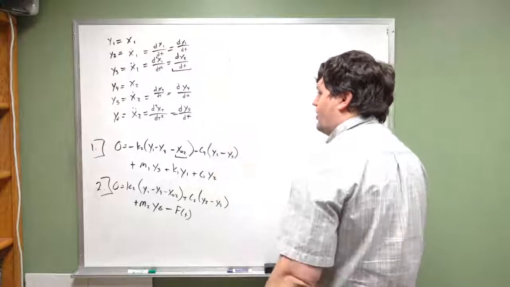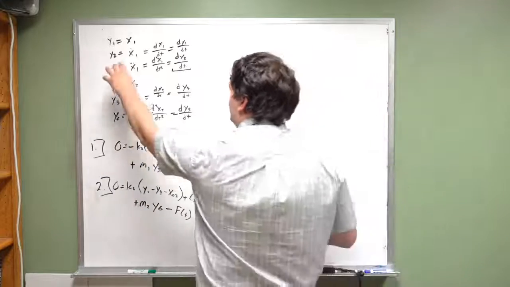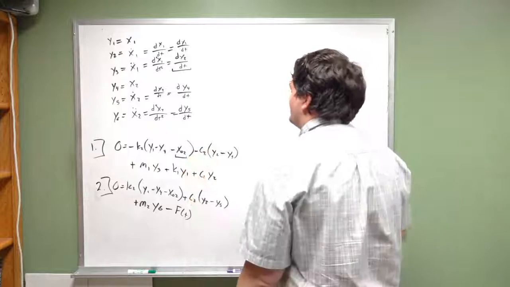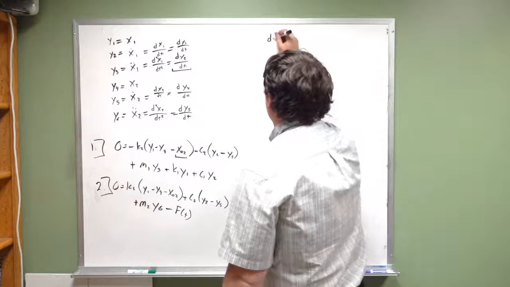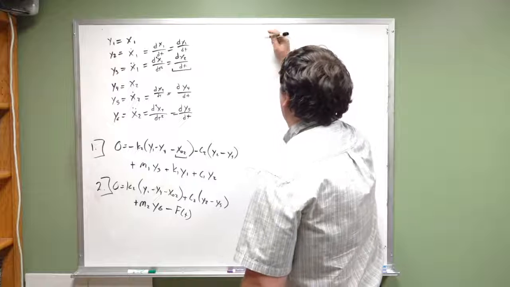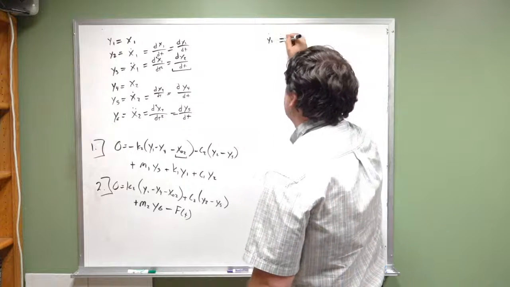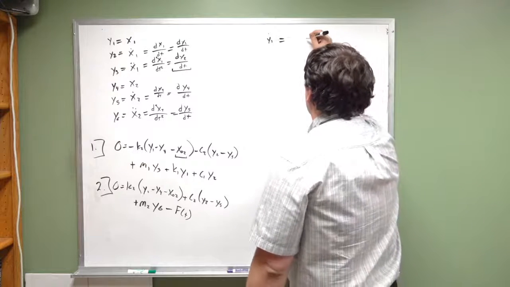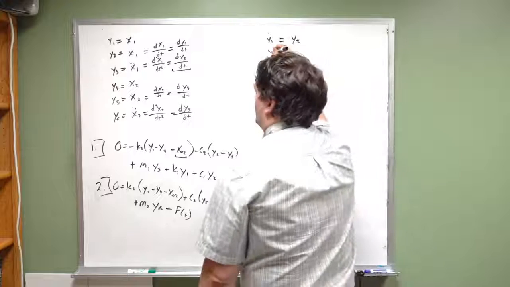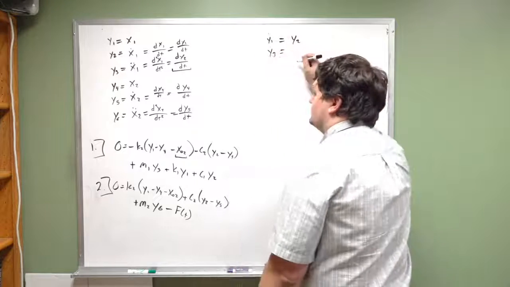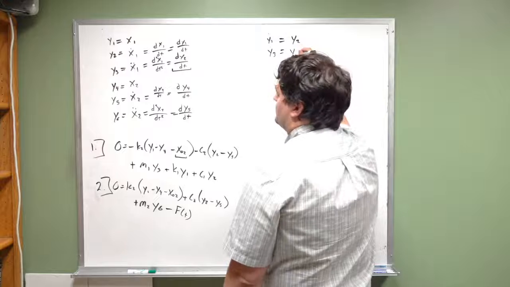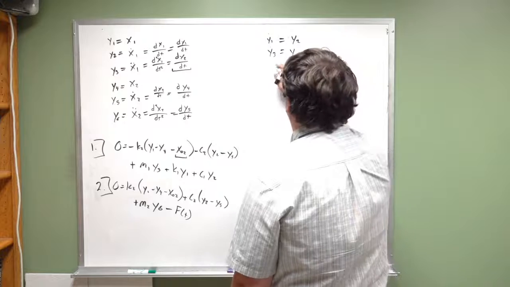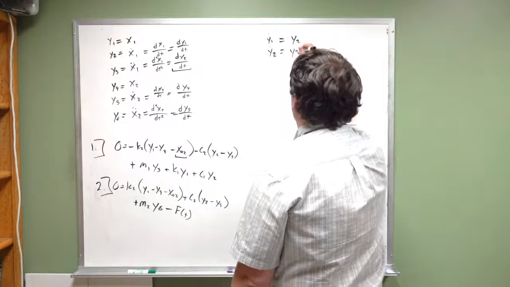So with all of these equations, I have an equation for y2, y3, y5, and y6 in terms of other y's. So what we have is y1 dot is equal to y2. y2 dot is equal to y3.